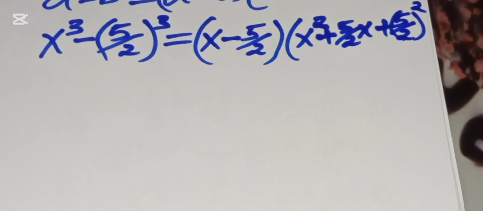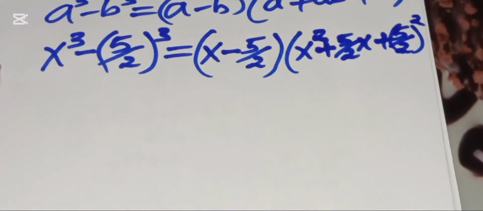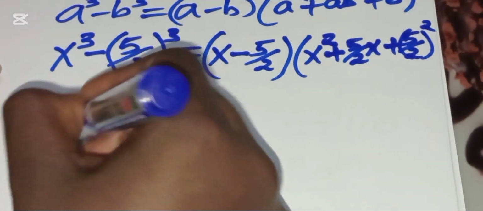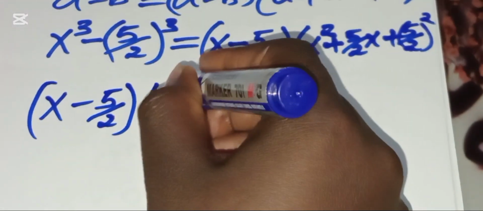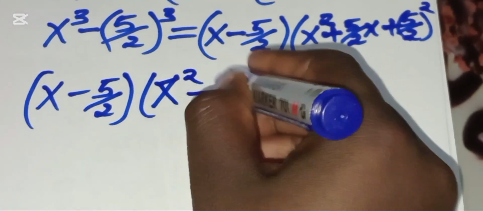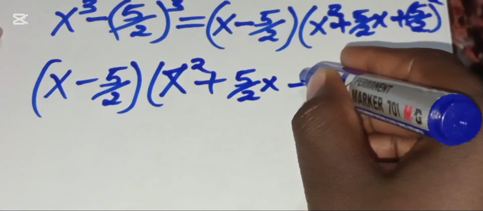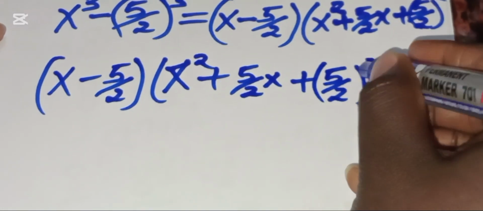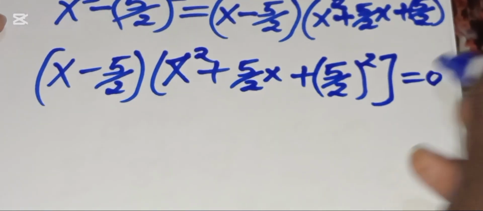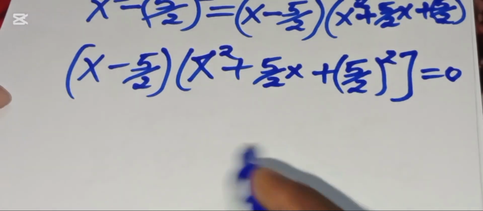Let me just write it again here. We're going to have x minus 5 over 2 times x squared plus 5 over 2 x plus 5 over 2 squared, and this is equal to 0.